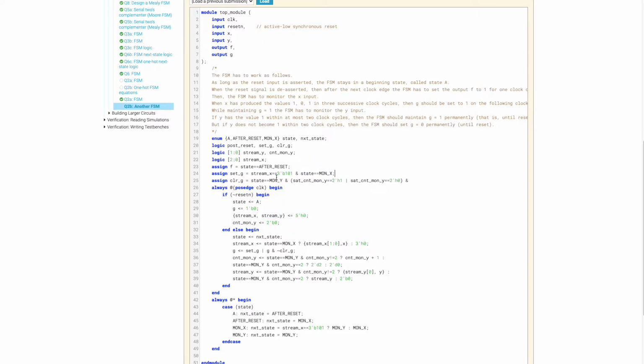So I would want to clear, so if I do nothing, then this set G will remain 1 forever, because I set G and then this maintains it. As long as I don't clear it, G is maintained as 1. But now I can say I want to clear it if the count is 2 and stream of Y equals 0.